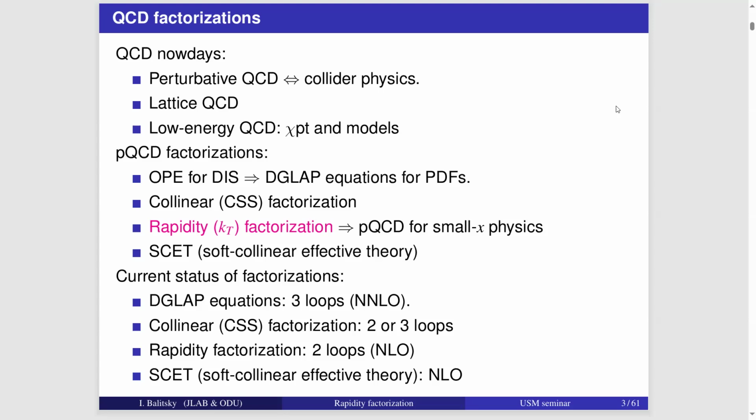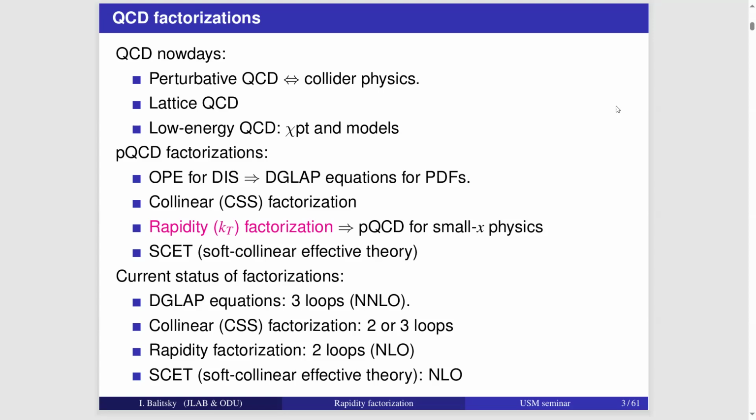There are a bunch of factorizations nowadays. First of all, let me start with a very classical thing, the operator product expansion for deep inelastic scattering. It's how QCD came into being. It results in the famous DGLAP equations for PDFs. Then there is collinear, or Collins-Soper-Sterman, factorization.